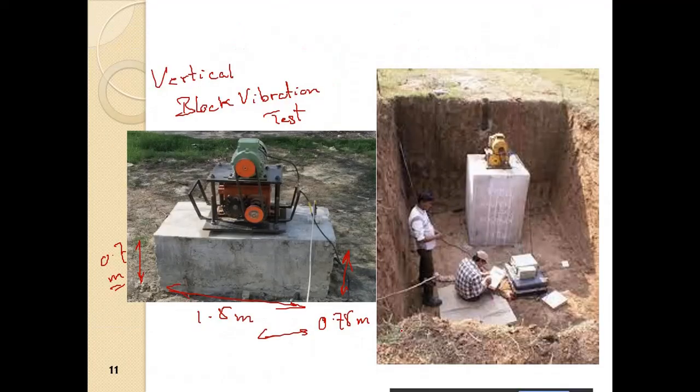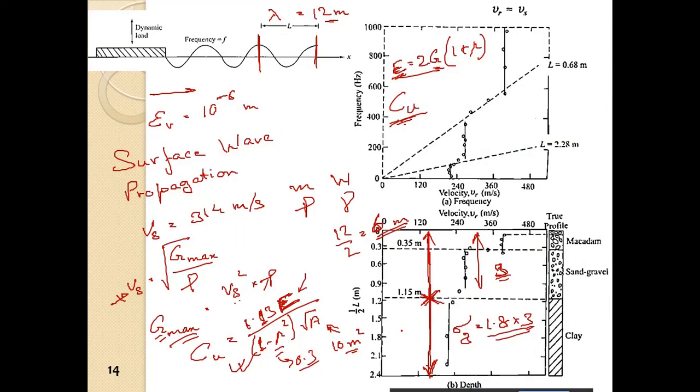Here 1.8 into 3 will be 5.4 ton per meter square. So sigma z is given by 5.4 ton per meter square. That is what Cu is correlated to.